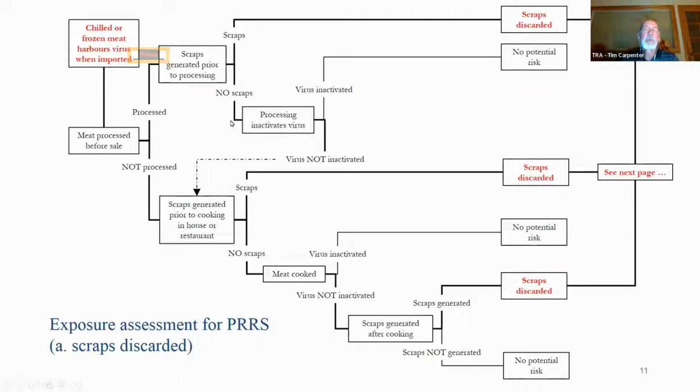And we're going to be doing that in two parts. So we're at the situation where we exported meat that had the virus in it. The meat is now chilled or frozen, but it's come into the country. Now what happens in the country: the meat may be processed or not.